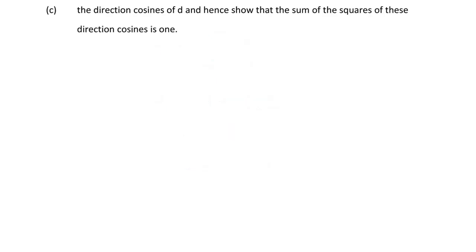For part C, we are supposed to determine the direction cosines of D, and hence show that the sum of the squares of these directional cosines is 1. Directional cosines are given by the following formula: cos alpha equals the x component over the magnitude of the vector, and cos beta equals the y component over the magnitude of the vector.